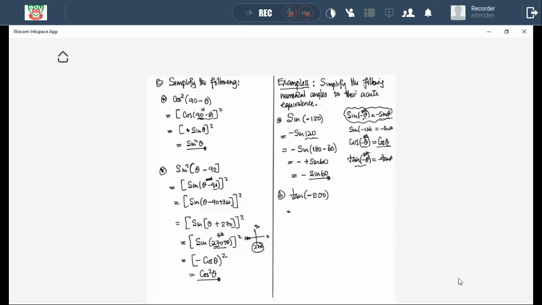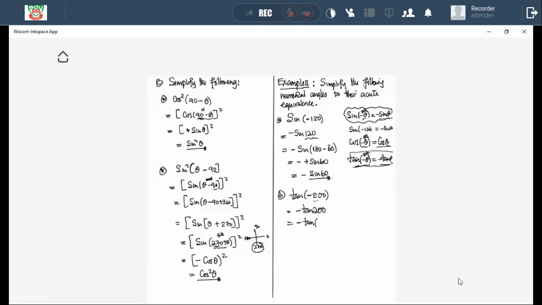From the identities, I know that tan of negative theta is the same as negative tan theta. So I can say this is negative tan 200. Following this as an identity, I can write this ratio in the same pattern. This is going to be equal to negative tan, open a bracket.